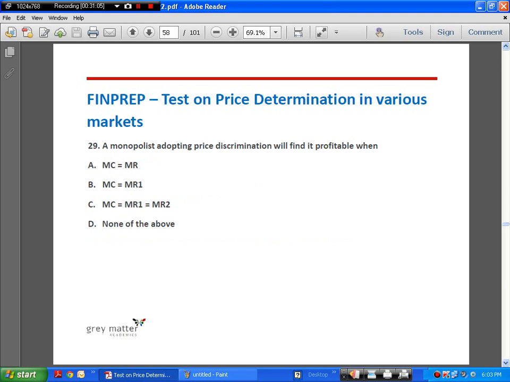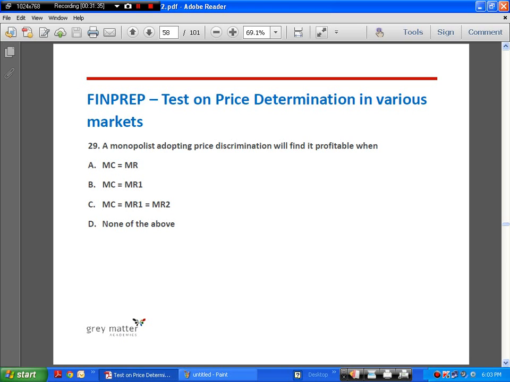29th question. A monopolist adopting price discrimination will find it profitable when? So you'll notice that the firm has a common cost, that is, the marginal cost is common for the firm, but the marginal revenue from each sub-market is different, because each sub-market has different elasticities of demand.